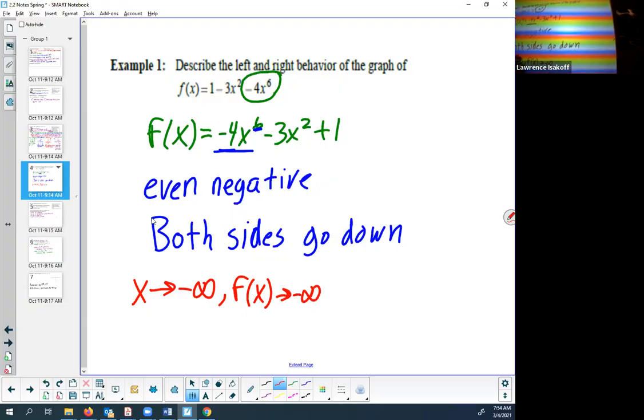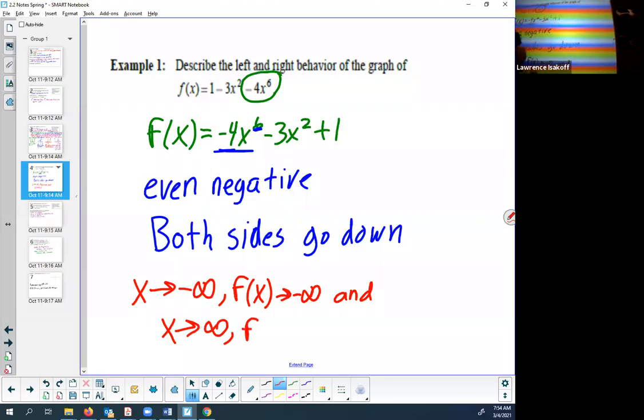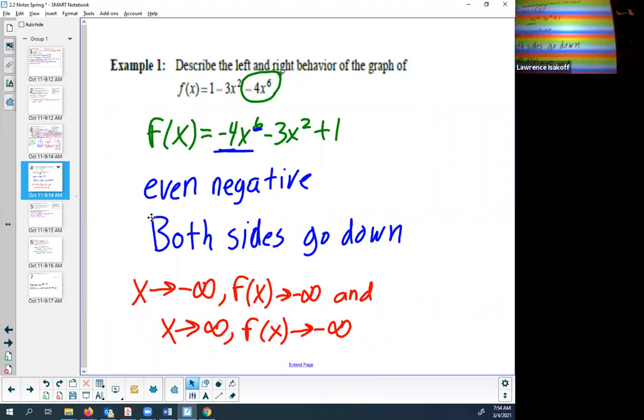So that talks about the left side. And now the right side, as x approaches infinity, f of x also approaches negative infinity. So this is saying the left side goes down and then the right side goes down.